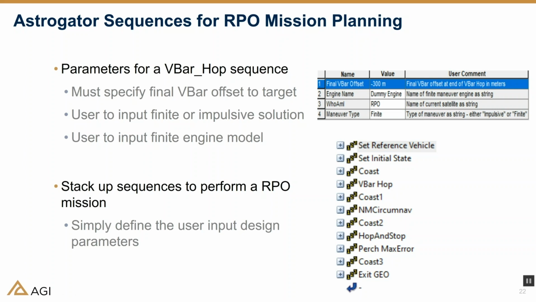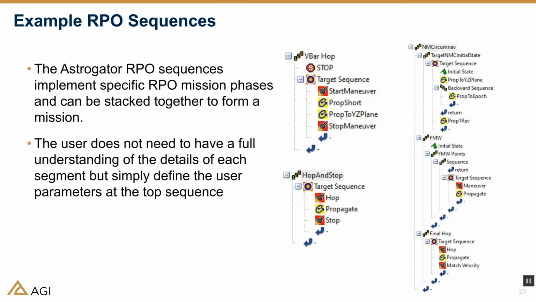So you just answer a few simple defining parameters of that sequence, and then it will calculate all those pieces needed to effect that V-bar hop maneuver. And then you simply stack these up to perform an RPO mission. We're going to do a full demo on that coming up shortly.